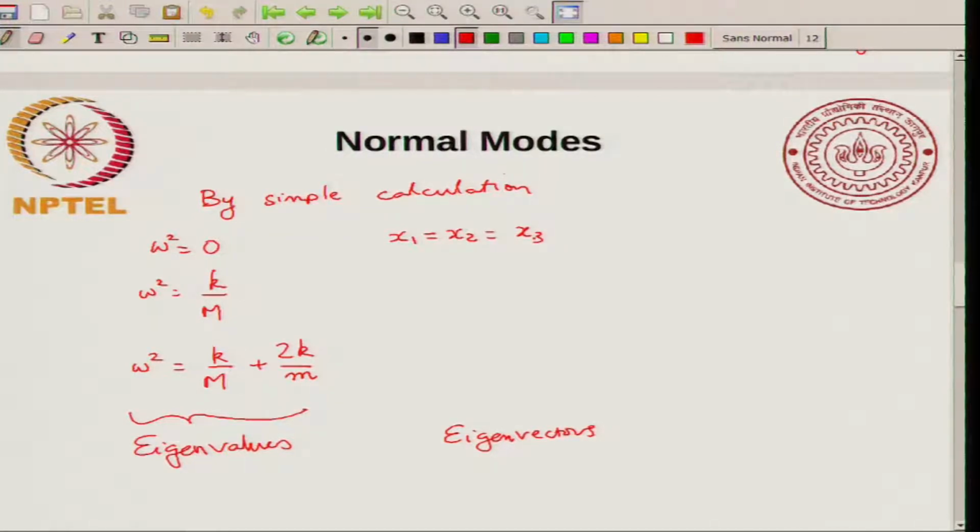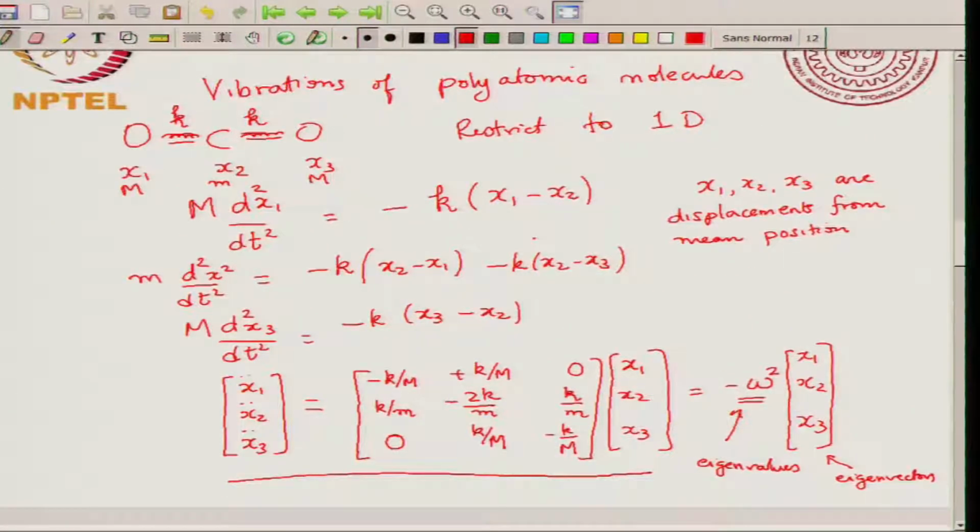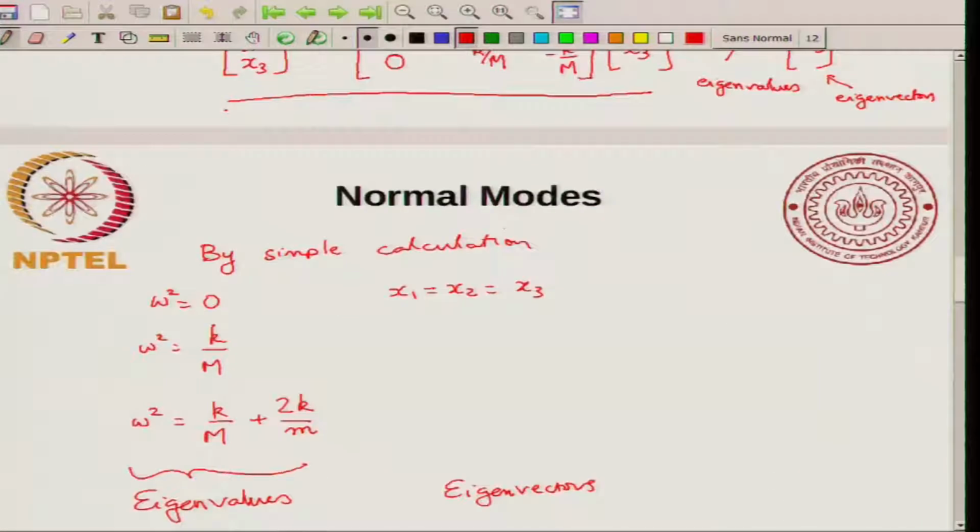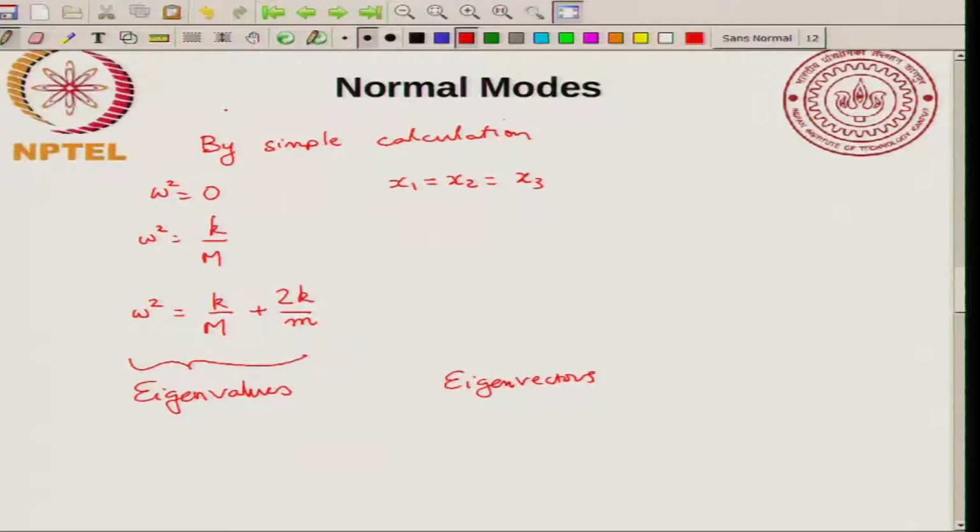If x1 equal to x2 equal to x3, then each of these 3 atoms is being displaced in the same direction by the same amount. So, this refers to a pure translation.